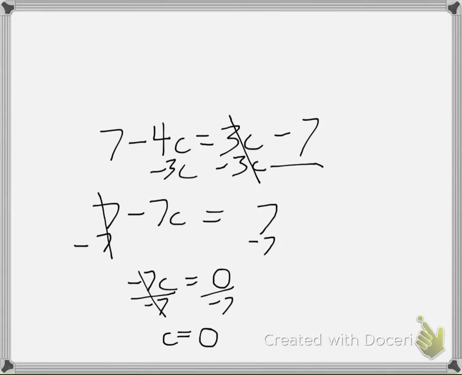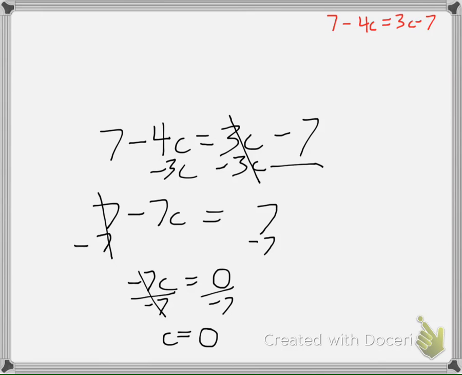Now, of course, we know that that is really wrong because we did it wrong on purpose, right? But let's see what happens when we do a check now, knowing that our answer is wrong. So let's take our original equation. I'm going to leave it on this same page so that we can see it more easily. My original equation was 7 minus 4c equals 3c minus 7.